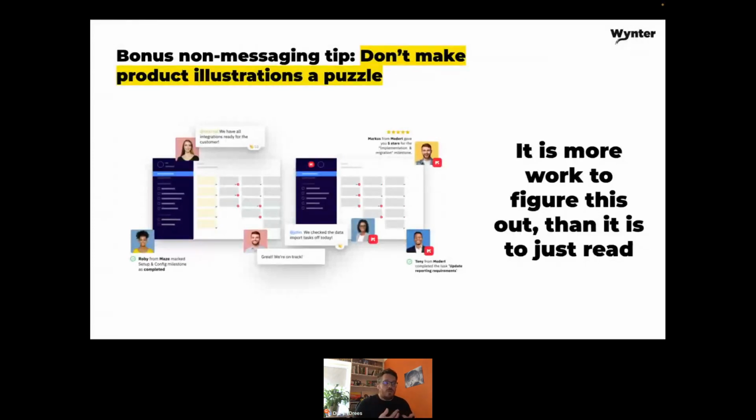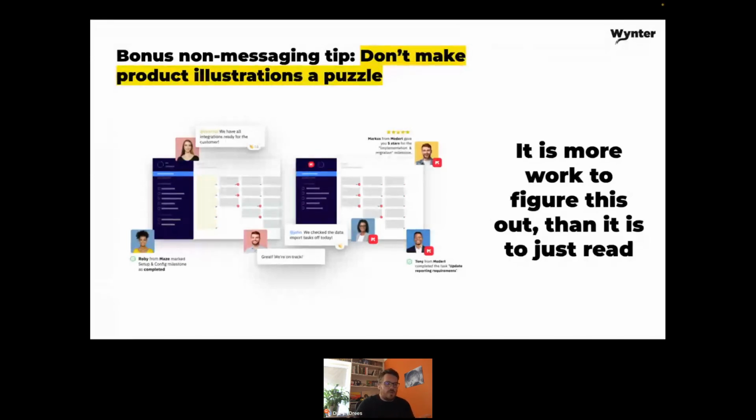People want to see your product before they go through a demo or a trial, so it's super important that you meet this head on your homepage. My hypothesis is that showing our product can be boring sometimes, depending on what it looks like, if we're just throwing in a screenshot. So we've taken this approach where we try to tell stories through illustrations. But realistically, people don't understand these, because this is a puzzle at this point.